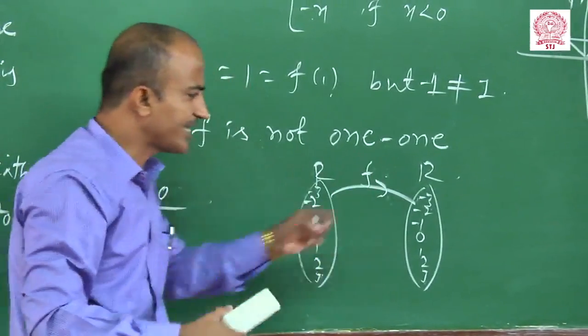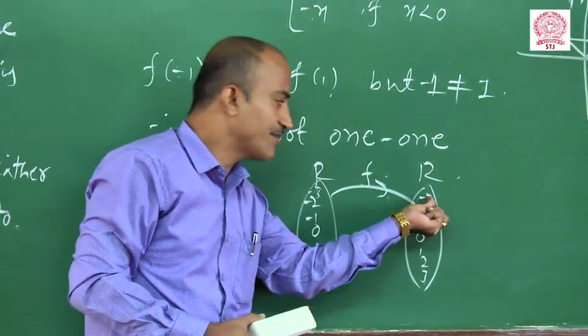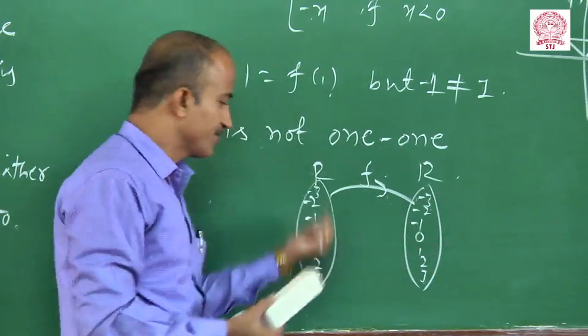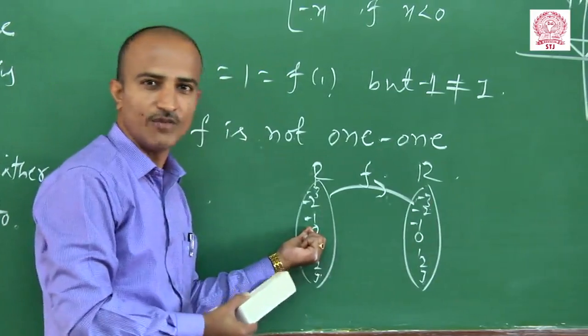Which means if you take any negative element from the codomain, we do not find any pre-images in the domain.